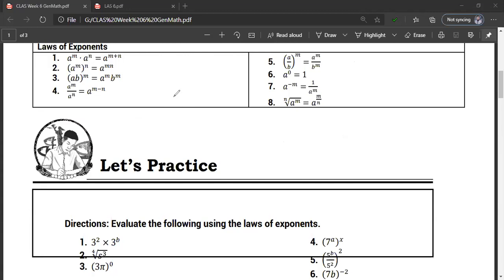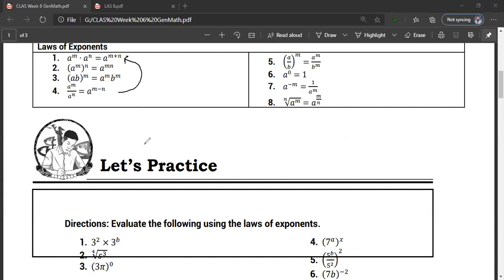So, number 4 na tayo. A raised to m over a raised to n is equal to a raised to m minus n. Actually, class, itong number 4, inverse lang siya halos ni number 1. Kasi kung si number 1, multiply, pag minultiply natin yung dalawang number na may parehong base with exponent, i-add natin yung exponent.